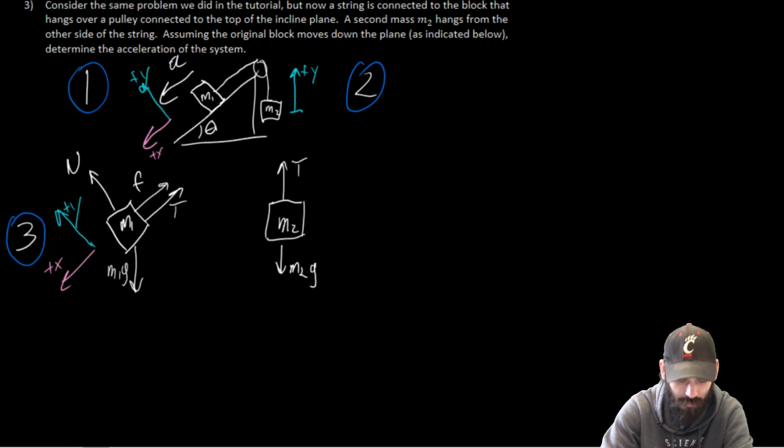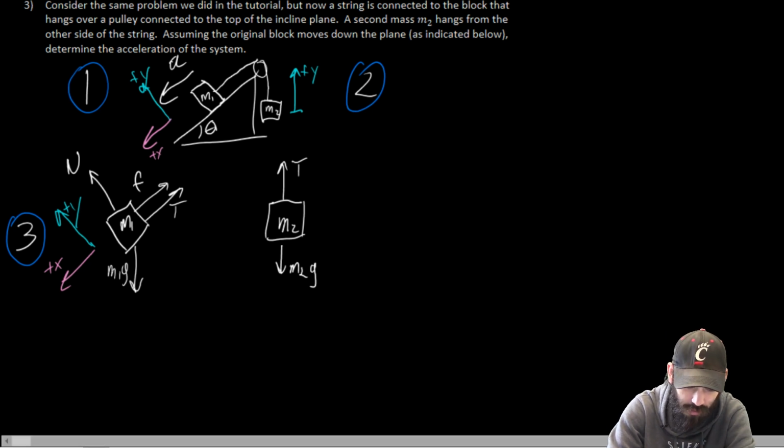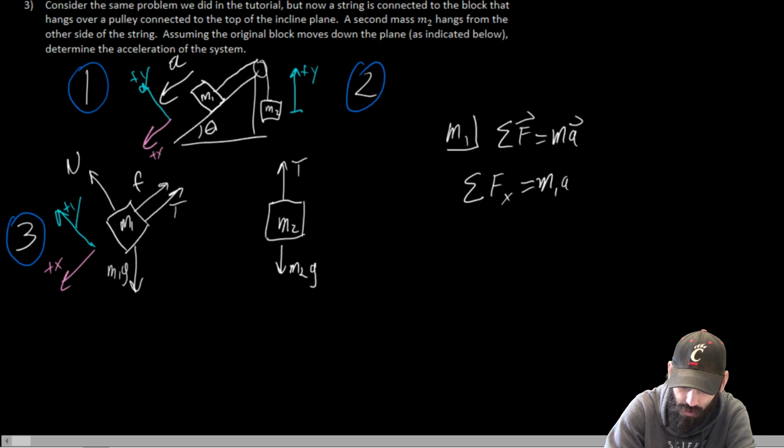I'm going to have two objects here, so I'm going to do m1. The sum of forces is going to be equal to ma vector. So the sum of forces in the x direction is going to be equal to m1 a1x.